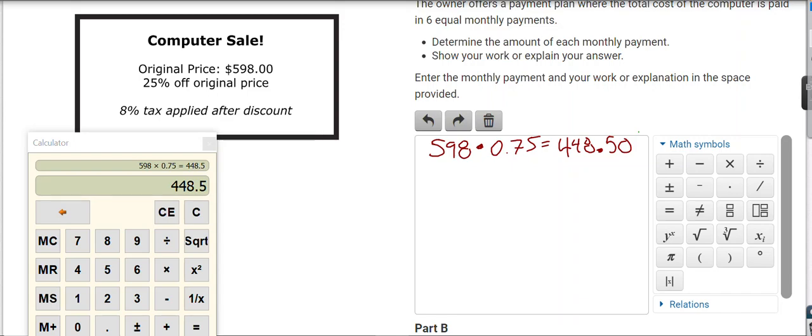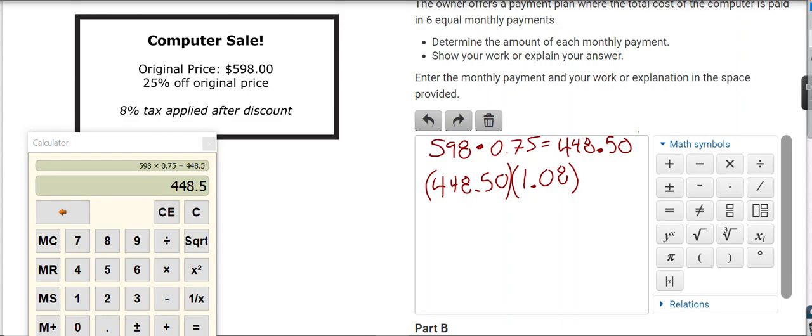So at this point, to include the tax, I'm going to take 448.50, and I'm going to multiply it by 1.08. Why am I going to multiply this by 1.08 as opposed to 0.08? Abby?